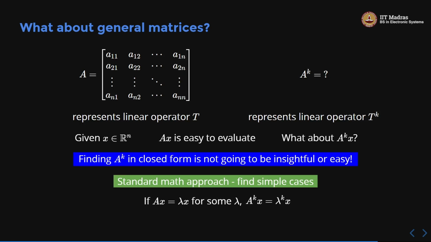A power k x is simply lambda power k x. It's just a number raised to the power. If you do A squared, you multiply both sides: A squared x is lambda Ax. And what is Ax? Ax is lambda x again. So it just becomes lambda squared. So A power k x simply becomes lambda power k times x. This is the core of our approach. Here is one vector for which I can find A power k x very easily.